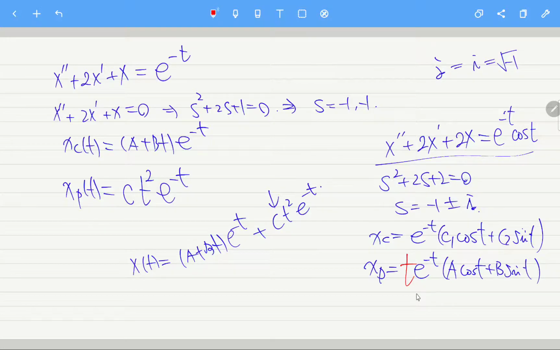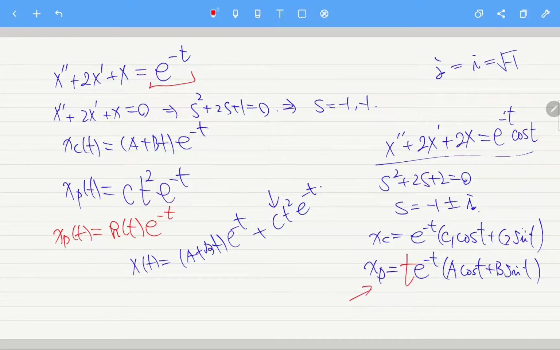You may ask why, but you can just follow the previous case. Suppose, because very trivially we have g of t to be here, you can assume that xp of t is h of t times exponential to minus t. Then you just plug this one into the original equation and finally you can find that h of t is a second order term, like that.